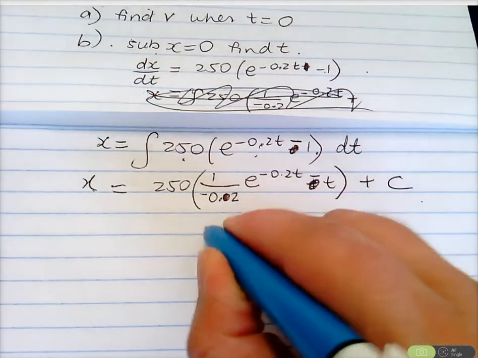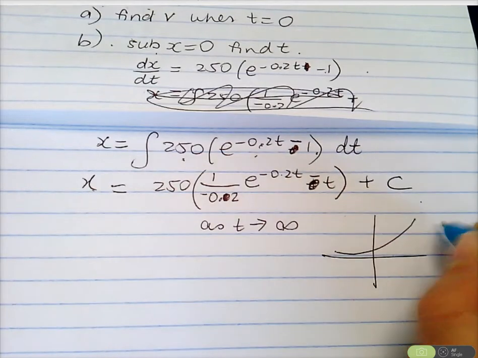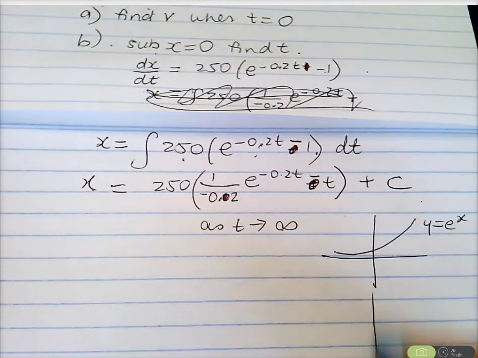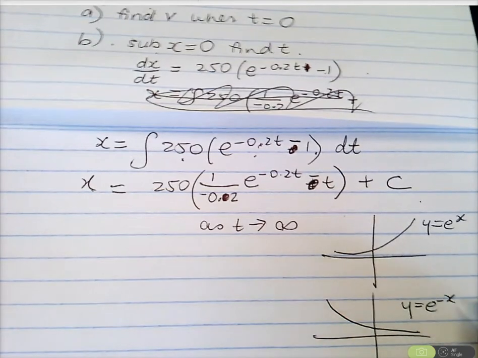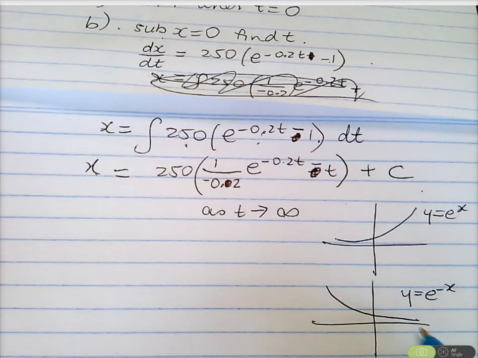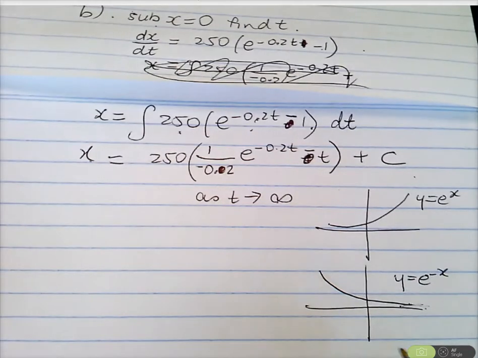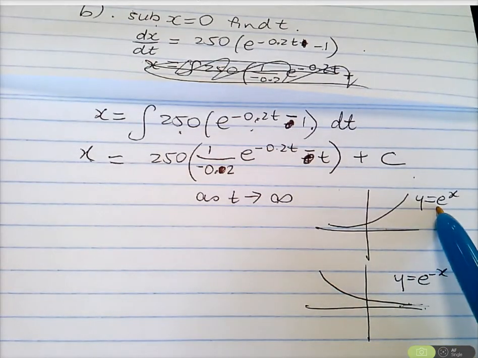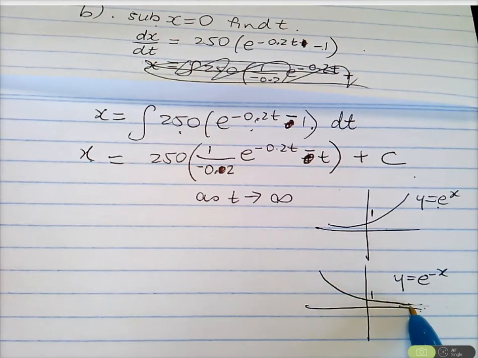So as t approaches infinity, how would you know? That's the graph of y equals e to the x. Therefore, this is the graph of y equals e to the negative x. As t gets big, e to the minus x approaches 0.